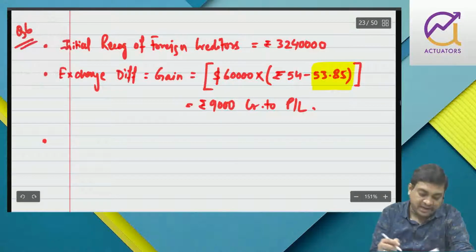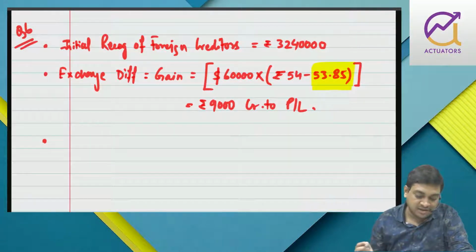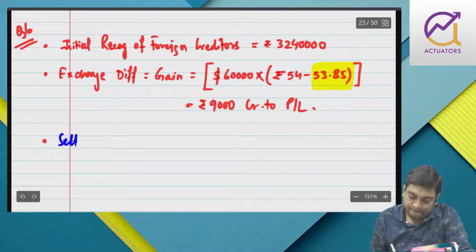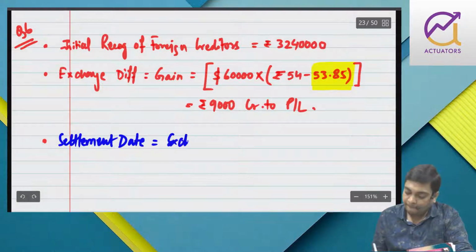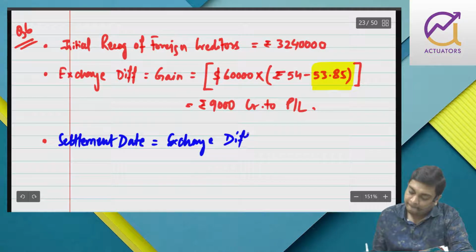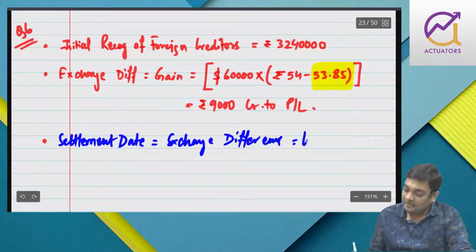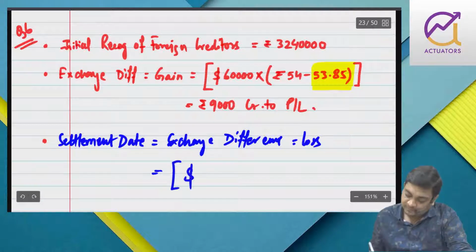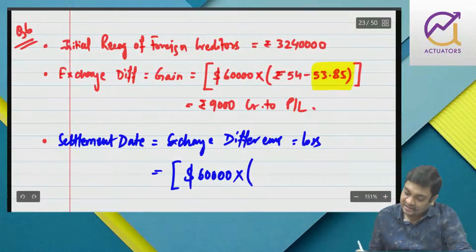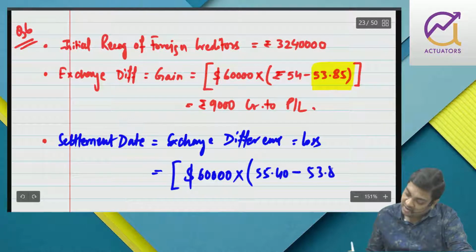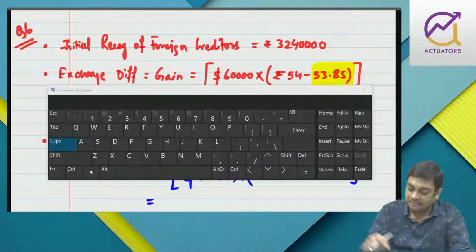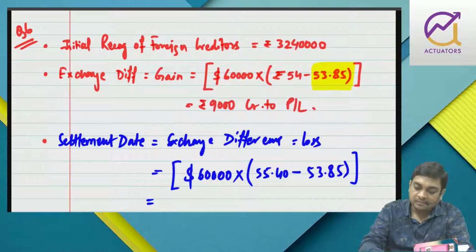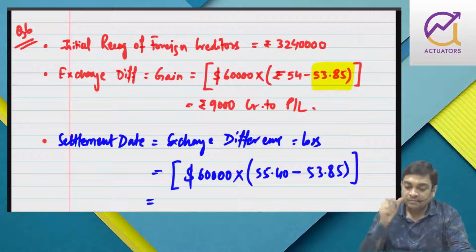Now on the settlement date, that is 31st of December, it will be a loss because the dollar rate has increased. So it will be 55.4 minus 53.85, which is 93,000.